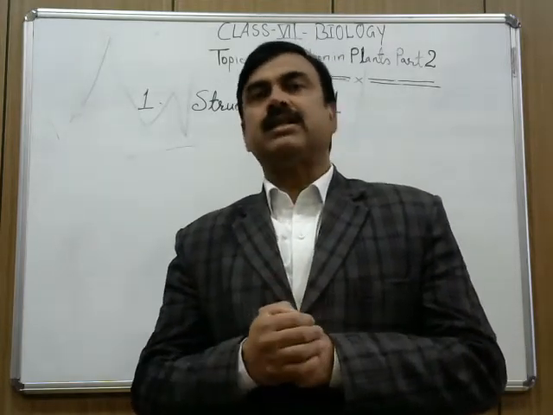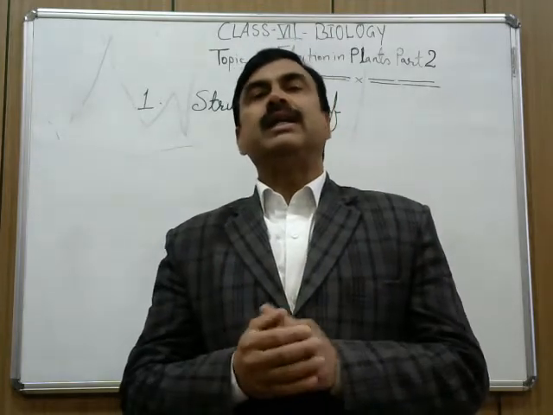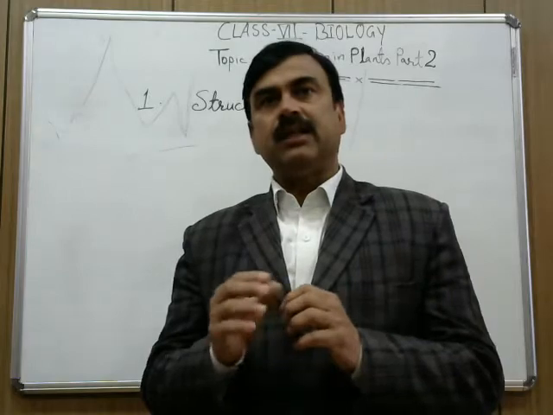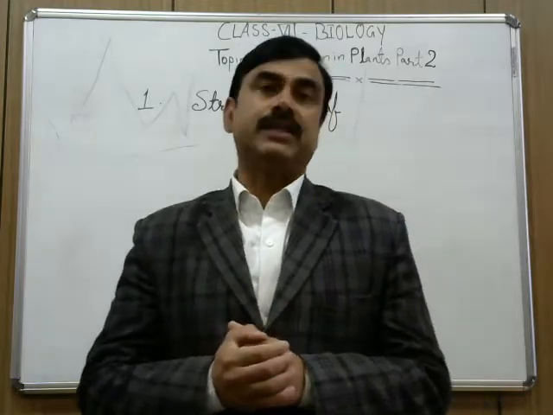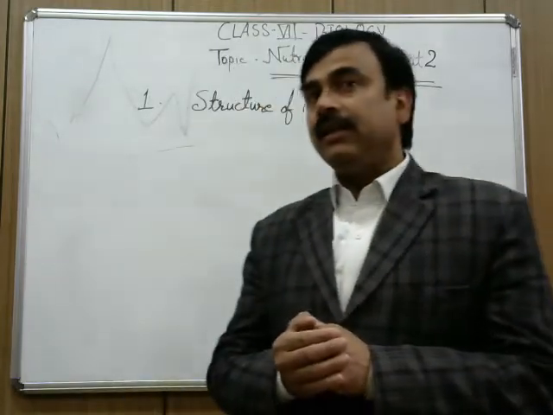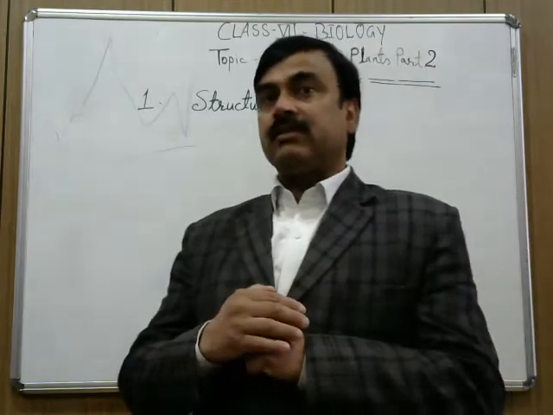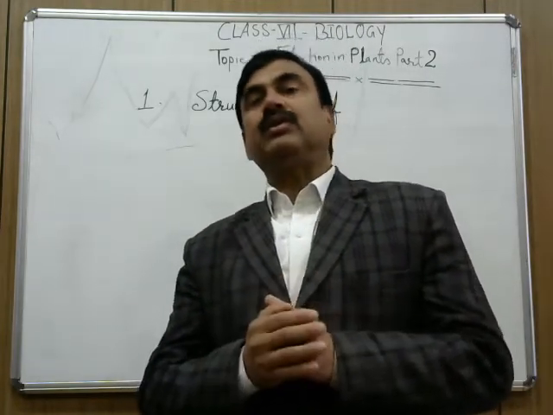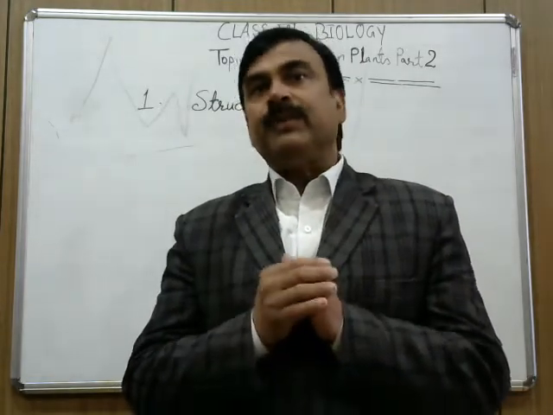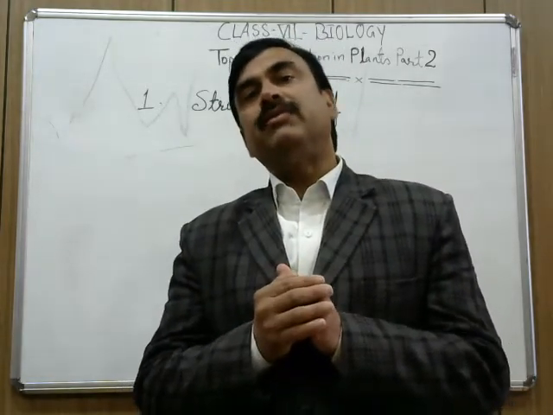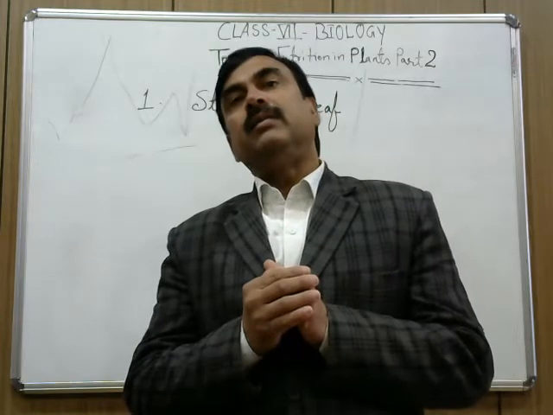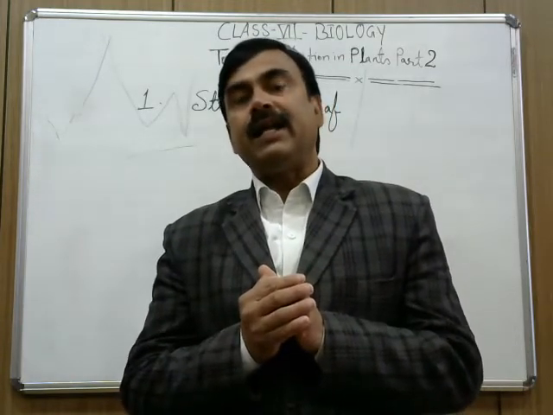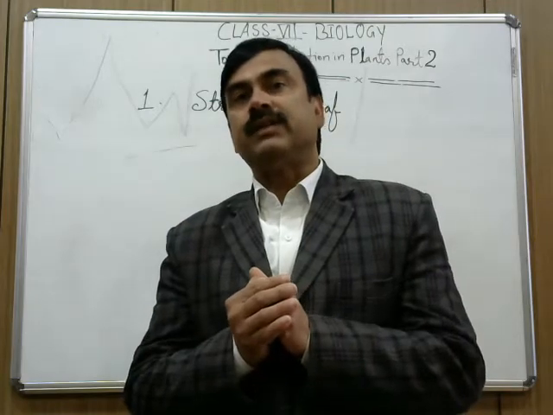In the first lecture, as you know, I covered the photosynthesis process. You can easily recall that in photosynthesis, plants prepare their food in the presence of sunlight with the help of chlorophyll, carbon dioxide and water.